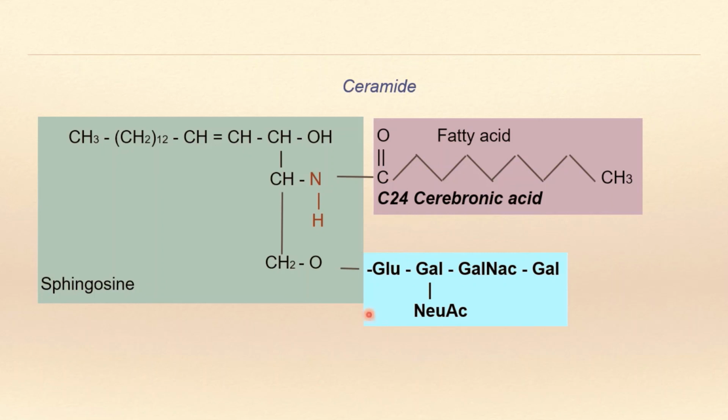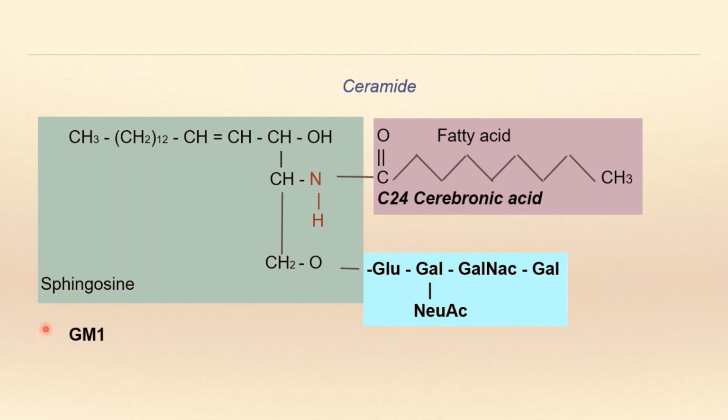So here it is the combination of glucose, galactose, N-acetylgalactosamine and N-acetylneuraminic acid, NANA, etc. These are the complex amino sugars, just as we have seen in the heteropolysaccharides. So these are added.